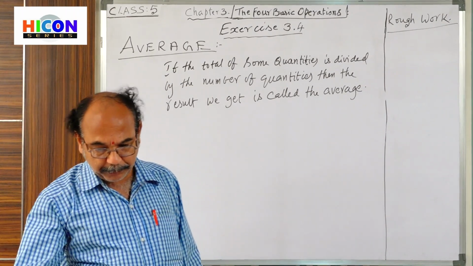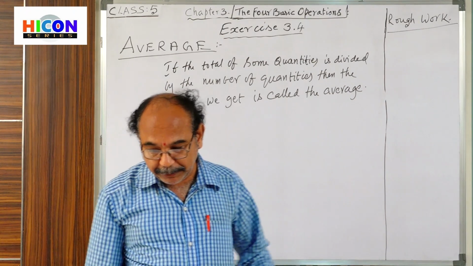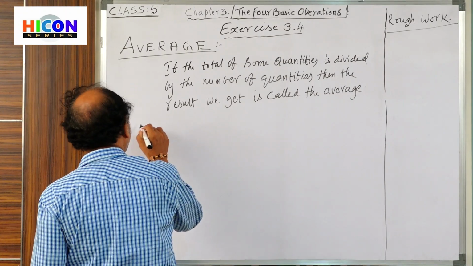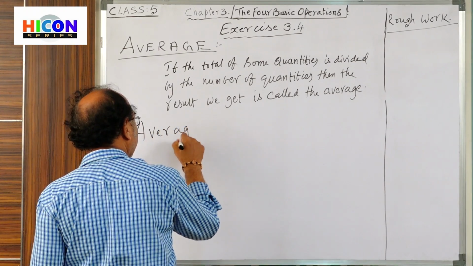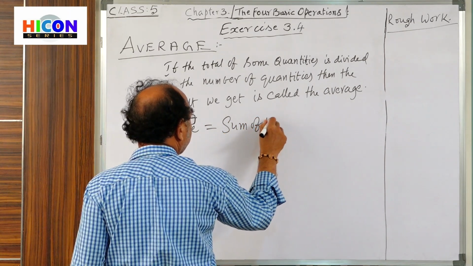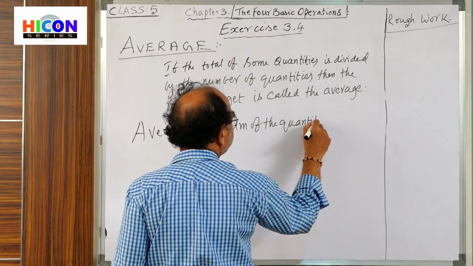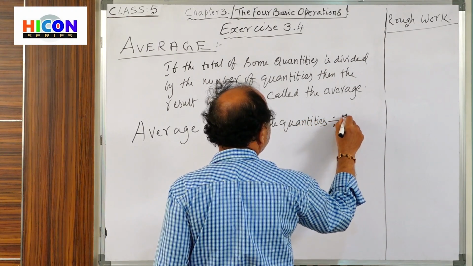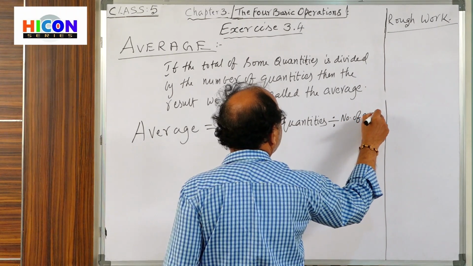So children, one more point you can study. As a statement, let us mention this. The average is equal to the sum of the quantities divided by the number of quantities.